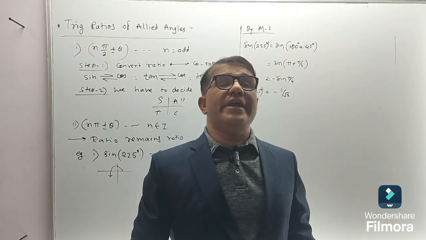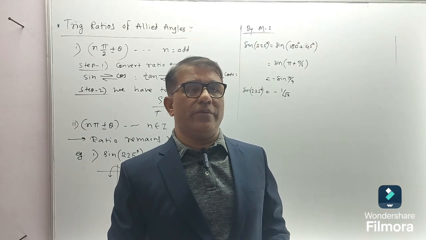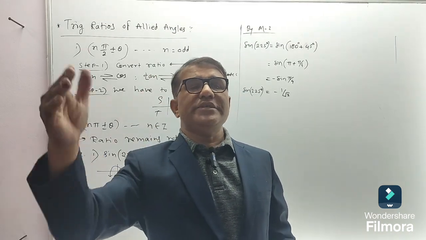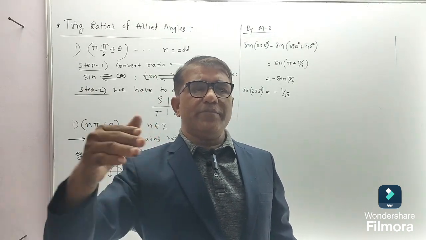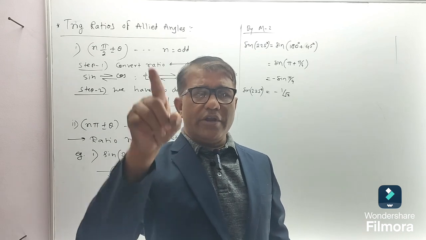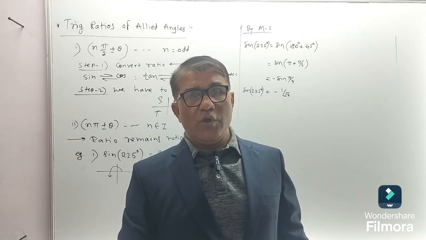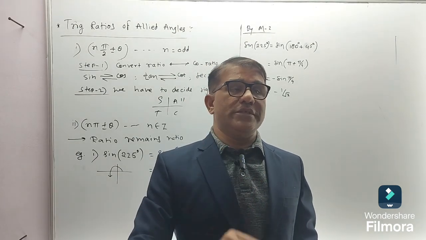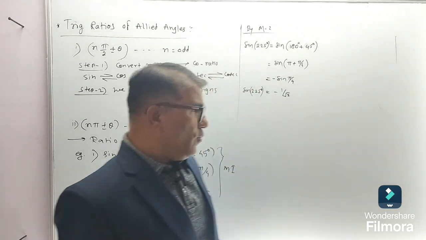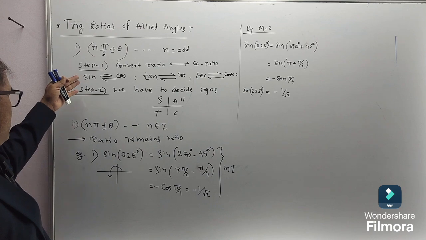Okay? Again, if I took 210, if I took 390 degree, 390 degree means what? 360 plus 30. In the first quadrant, all positive. Practice this type of examples. You can practice hundreds of examples only by applying these two rules.